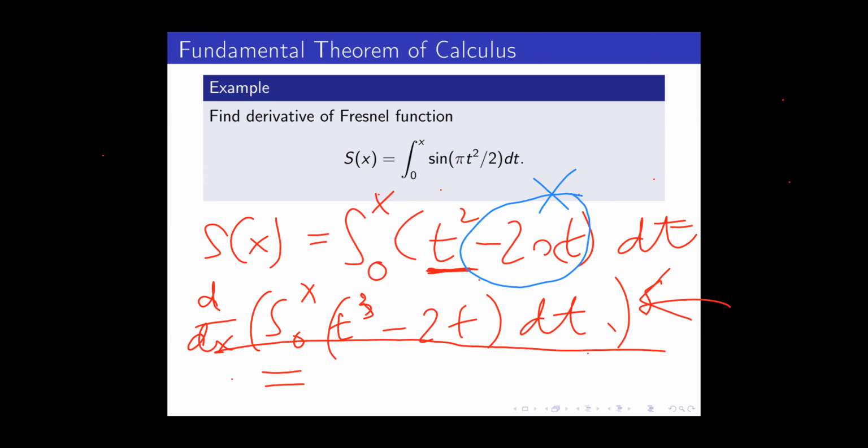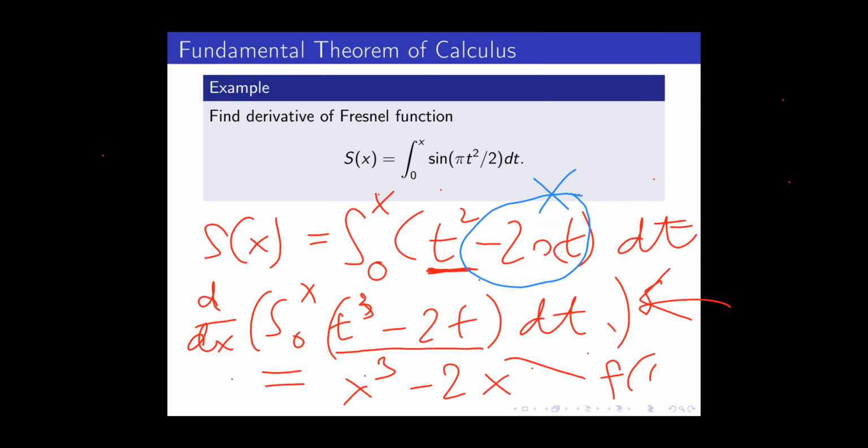I think it's x cubed minus 2x. Yes, okay, thank you. Okay, that's good. Yes, so in this case, this is your f(t), right? And by the theorem, this is f(x).